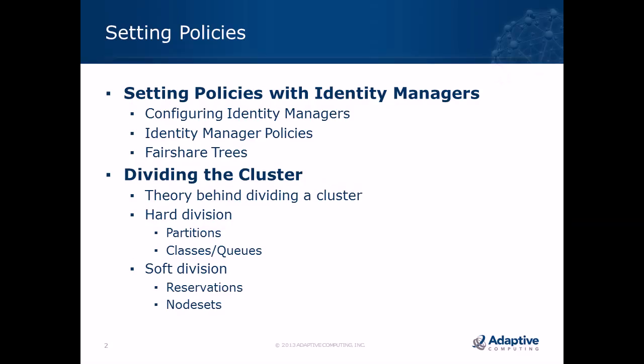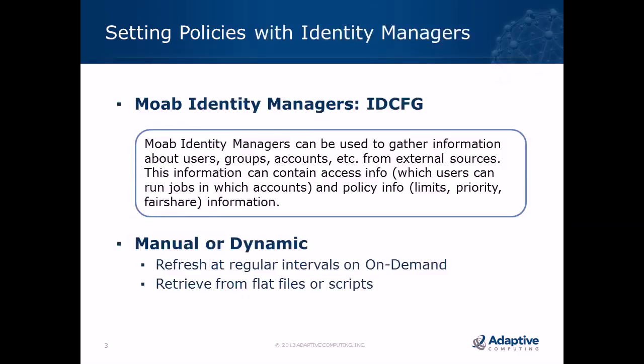So we'll talk about fairshare trees, how to use them, and some of the lesser known features and knobs. And then after that discussion on identity managers and fairshare trees, we're going to go off on a completely different subject and talk about dividing the cluster, what it means to divide a cluster, and the different ways that you can do it, hard division, soft division, all that kind of stuff. So let's dive into identity managers.